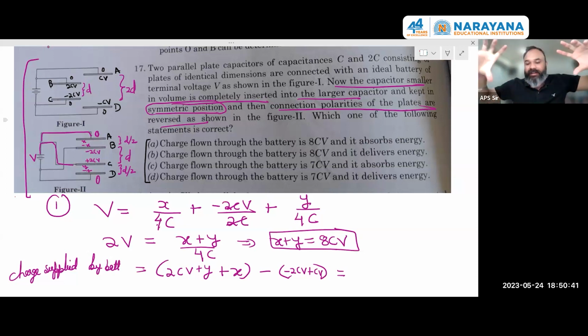These are my initial states. I have charged them up. Now, forget about the battery, I'll take DC charged, AD charged. Now I'm inserting them inside along with these polarities maintained. So some turbulence will be there in charges, but they will stabilize in a final state. That's what I'm trying to do here.